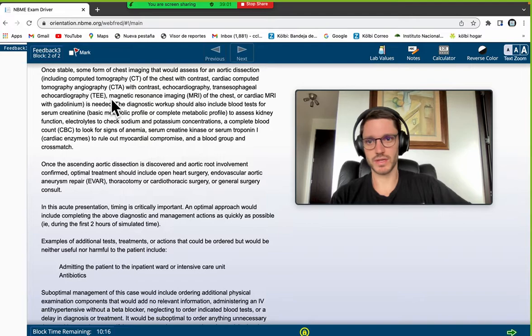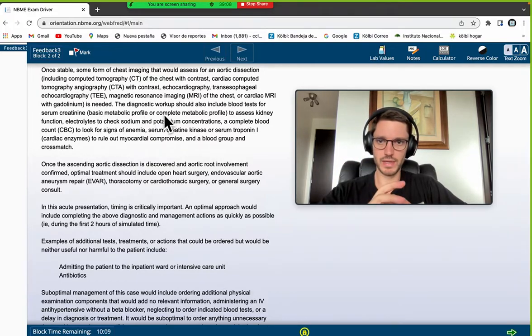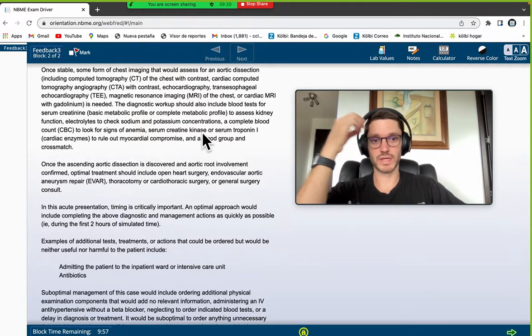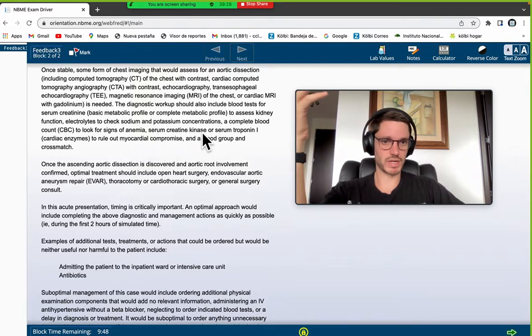The diagnostic workup should include blood tests. We already checked the creatinine, which is the BMP. We also checked electrolytes. We checked the CBC. I didn't check creatine kinase because it's not that specific, so I went for troponin, but it's a good idea to check for creatine kinase because it might give us something, right?